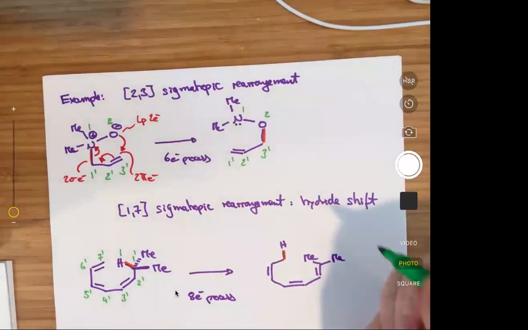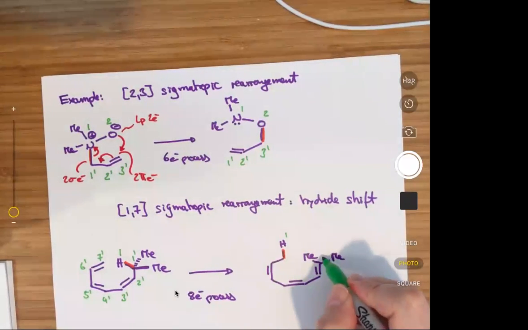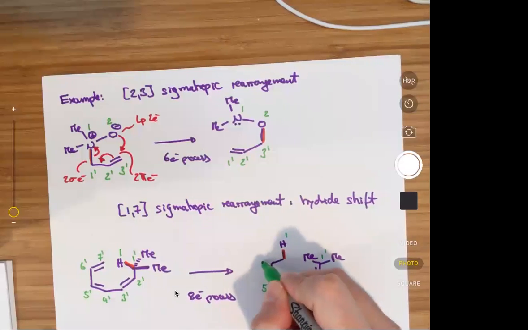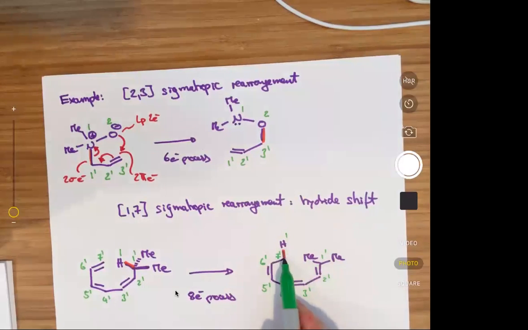And if you stick to your numbering here, you still have 1 over here. And this one was your 1 prime end, 2 prime, 3 prime, 4 prime, 5 prime, 6 prime, and then 7 prime. And you see that you shifted this hydrogen from the 1 prime end to the 7 prime end.